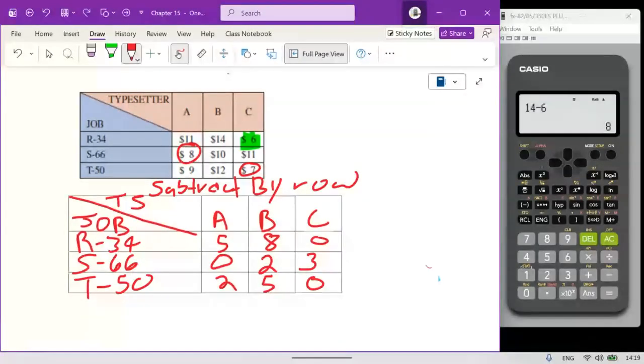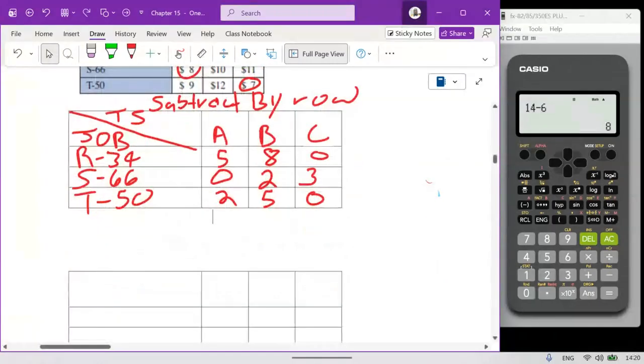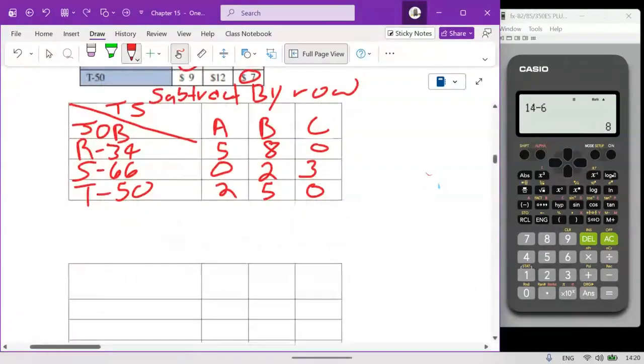Now we're going to redo this, attempting to subtract by column.